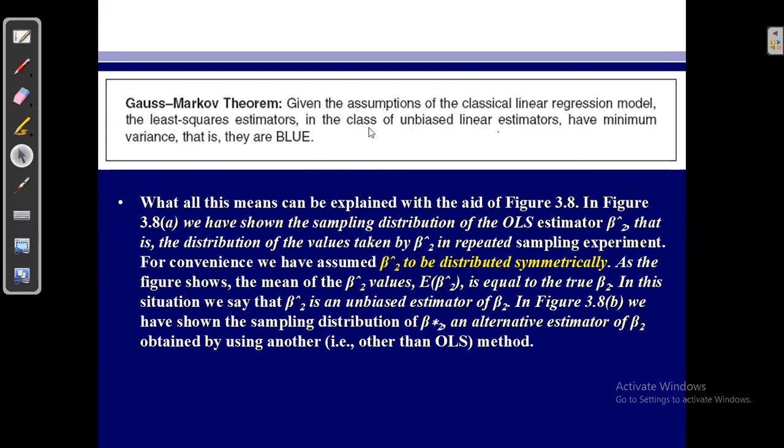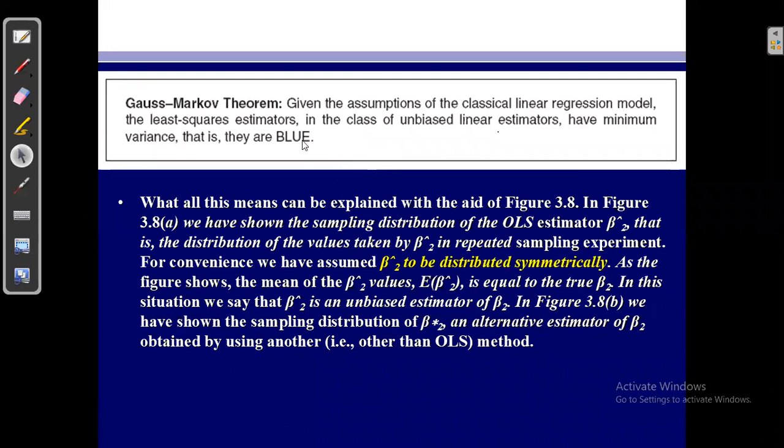So in a nutshell, when we talk about the BLUE property of the OLS estimators, we are saying that OLS estimators possess the minimum variance among a class of all unbiased and linear estimators of the parameters.